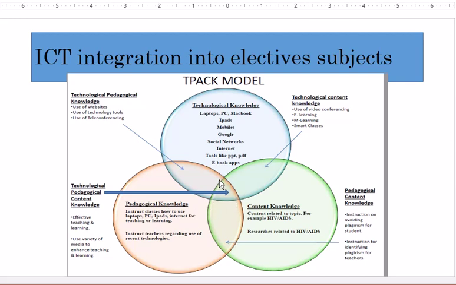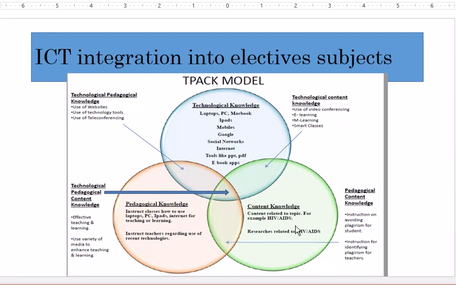If you look at each intersection, each gives a different kind of knowledge. This intersection is between content knowledge and pedagogy. Without using technology, people can still teach the chapters using different pedagogies. Pedagogy helps to deliver the content. Here, pedagogy and technology help each other to teach the subject matter more easily. Likewise, there is technology and content knowledge.